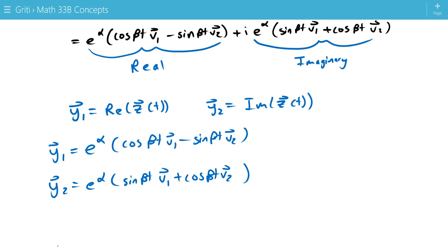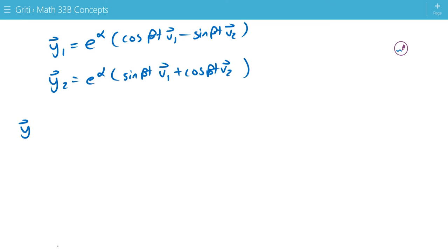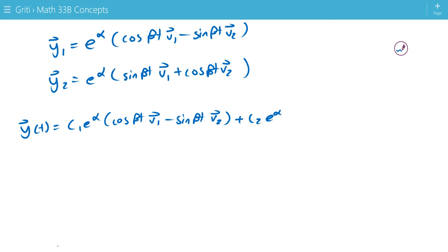And our total solution then, y of t is going to equal c1 e to the alpha t times cosine beta t v1 minus sine beta t v2 plus c2 e to the alpha t sine beta t v1 plus cosine beta t v2.